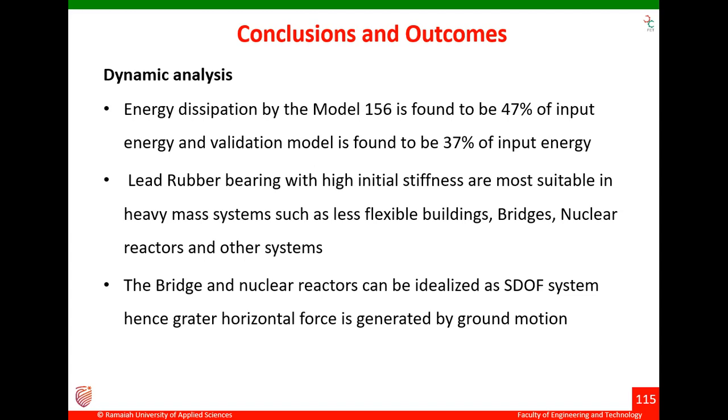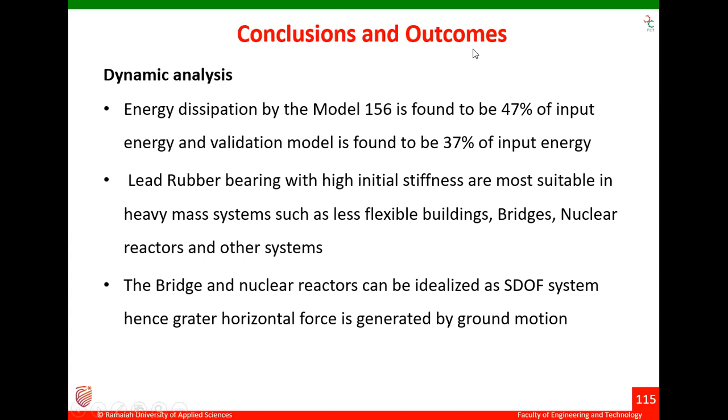Hence, those buildings can be isolated with lead rubber bearings with high initial stiffness. Basically, the idea is that the seismic mass should be higher to use lead rubber bearings with higher initial stiffness.